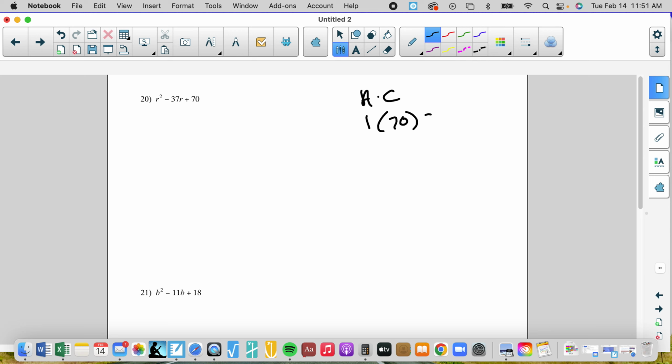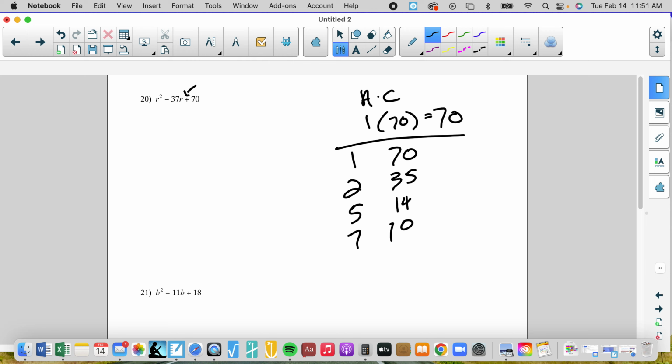A is 1, C is 70. Factors of 70: 1 and 70, 2 and 35, 3 no, 4 no, 5 yes, 5 and 14, 6 no, 7 yes, 7 and 10.